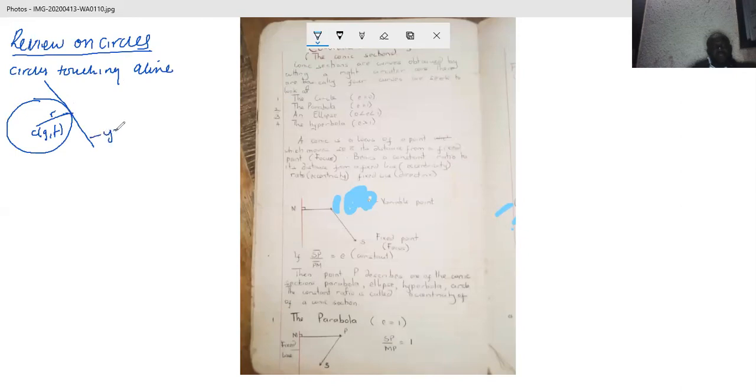This line is y = mx + c. And the circle is x² + y² - 2gx - 2fy + c = 0.